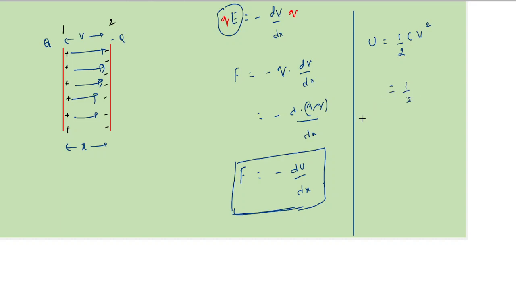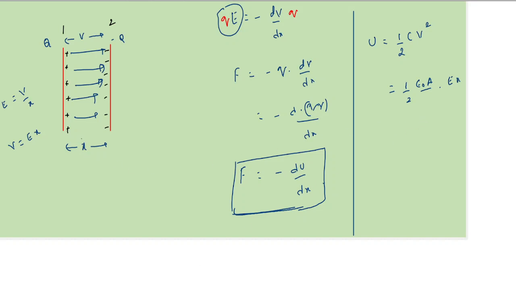This is a parallel plate capacitor. So C is equal to epsilon naught A by d, and V in terms of E and x would be: E is equal to V by x, or V is equal to E into x. Remember that it's the distance between the two plates.